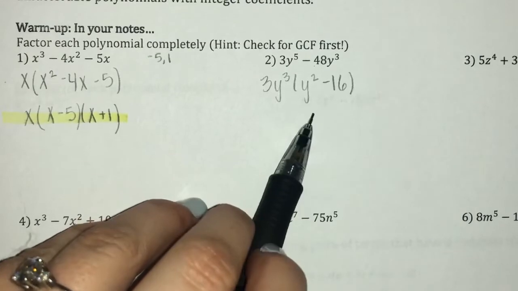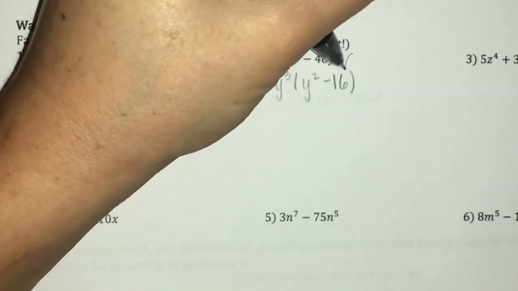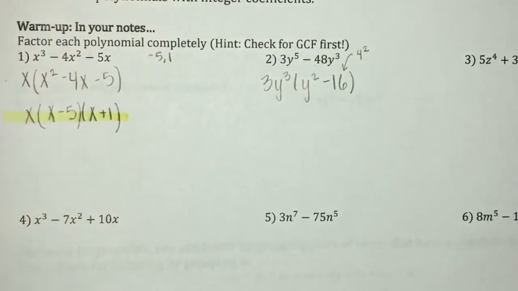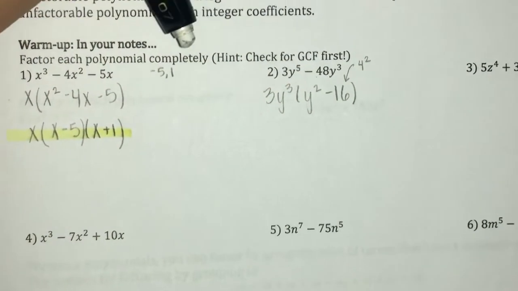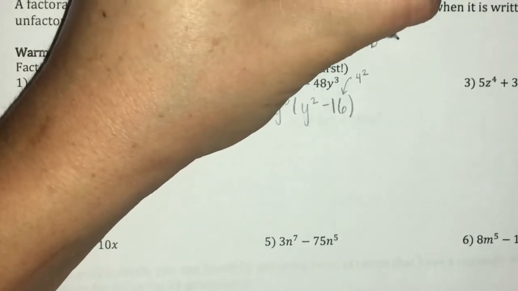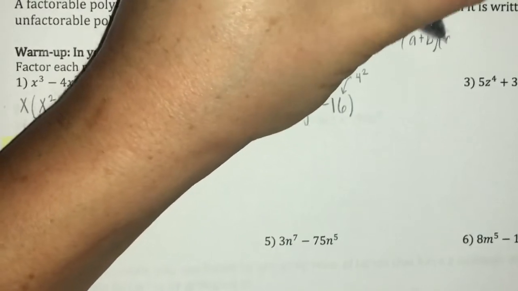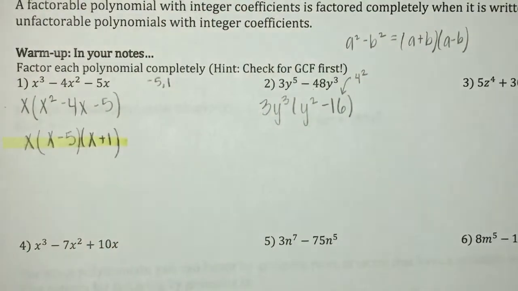If I have 2 terms, I want to check to see if it's a difference of squares. And it is, because 16 is just 4 squared. Difference of squares, remember, is that pattern: if you have a squared minus b squared, that factors into a plus b times a minus b.